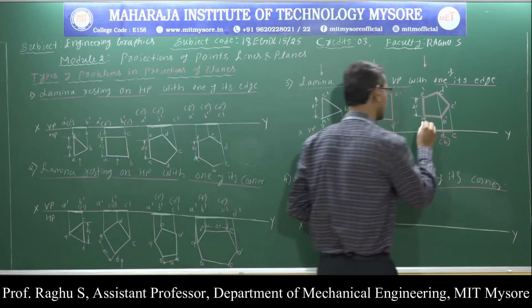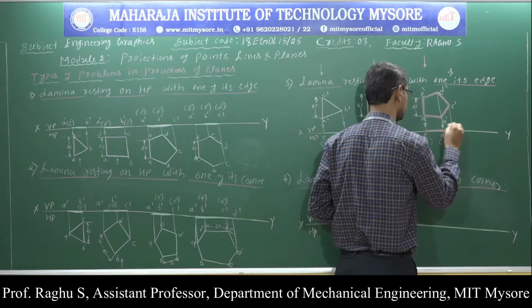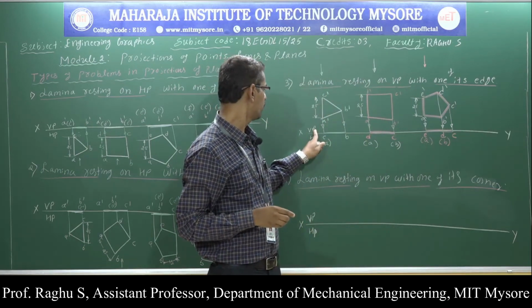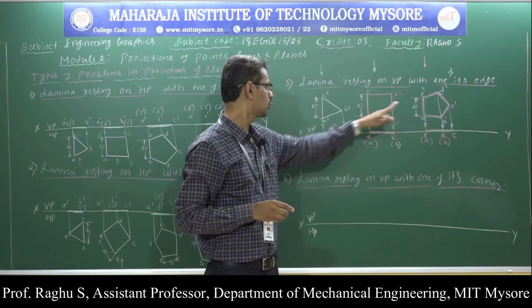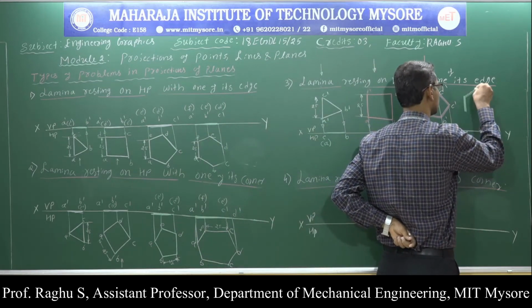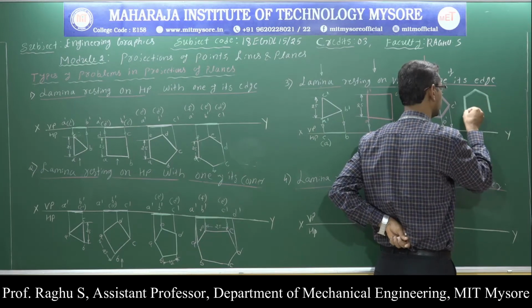Next, the hexagonal lamina resting on VP. This is the VP region. Hexagonal lamina resting on VP with one of its sides. Construct the hexagonal lamina with side resting.